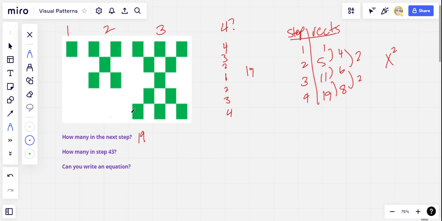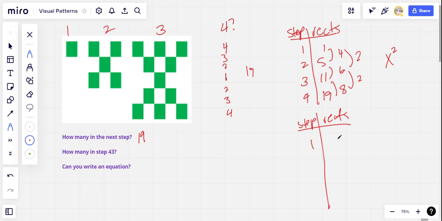Now, at this point, it's a little hard to see how x squared applies visually here. I could try blocking out an x squared, but it would look kind of messy and not very sensical. So I think I'm actually going to just look at my numbers here. So I'm going to make a new chart where I can think about this. So we've got our step and our number of rects.